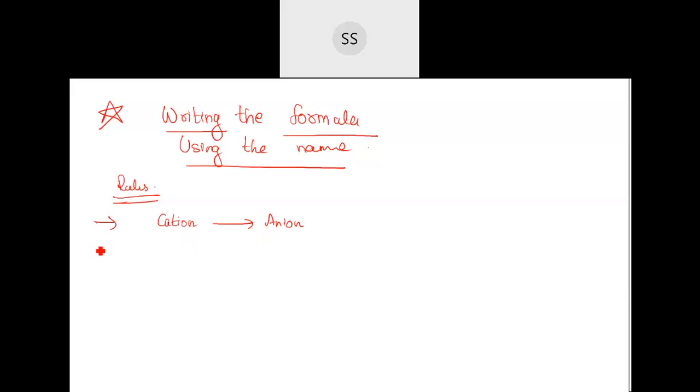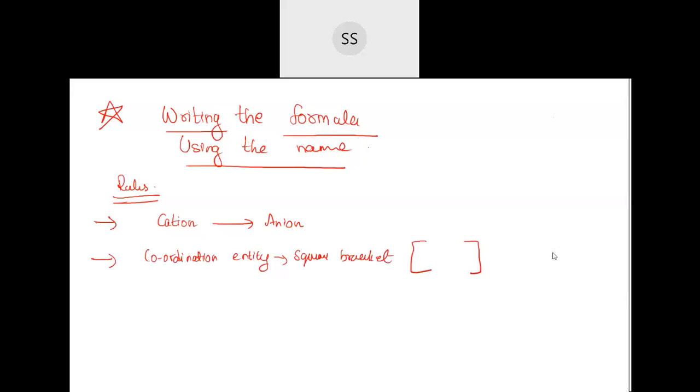Next, when you go for the coordination part of it, always that coordination entity has to be written in a square bracket. You have seen that for cation and anion, every time in the complex entity we had this coordination sphere.